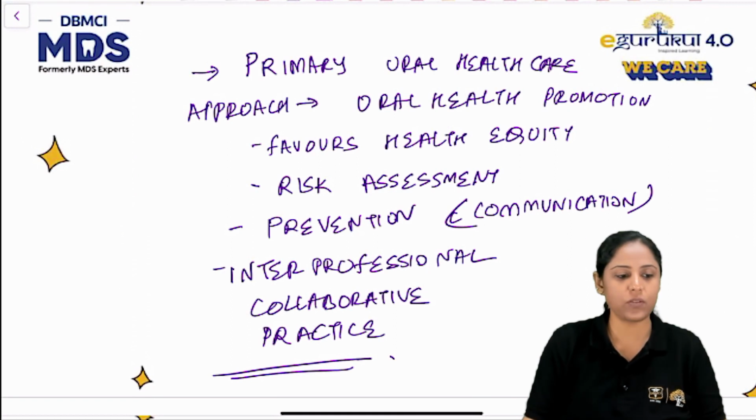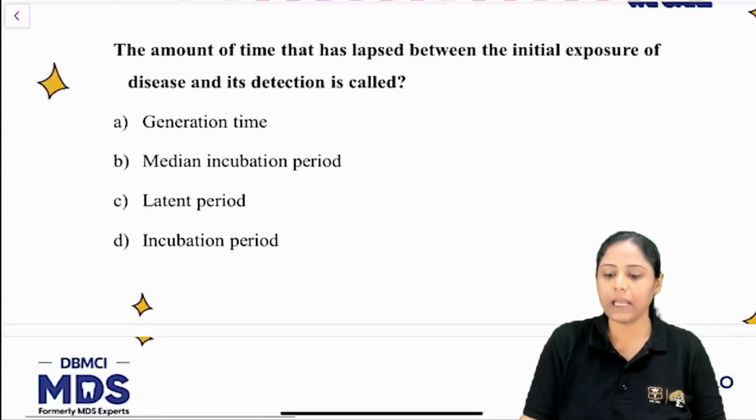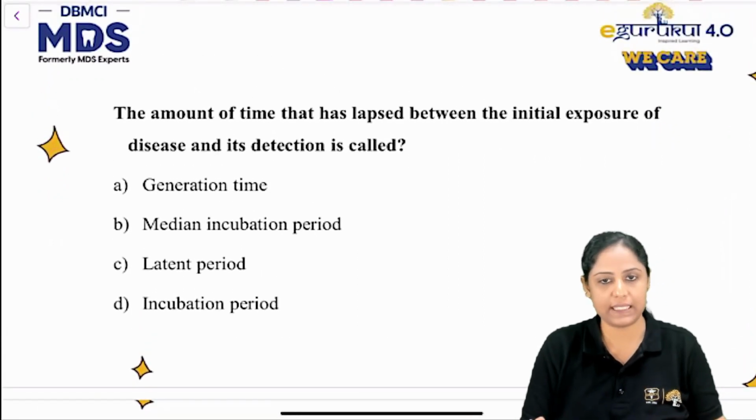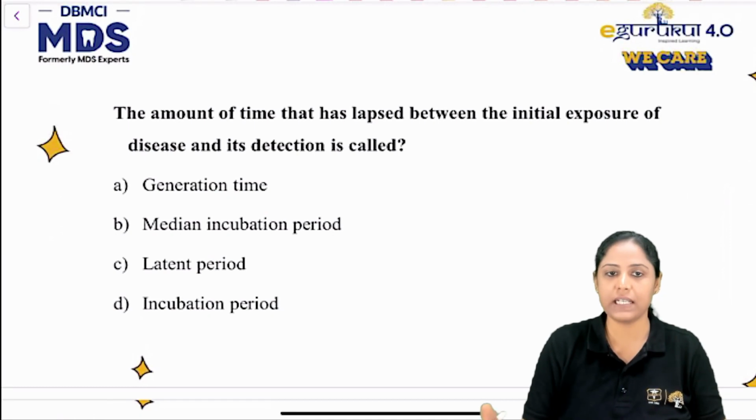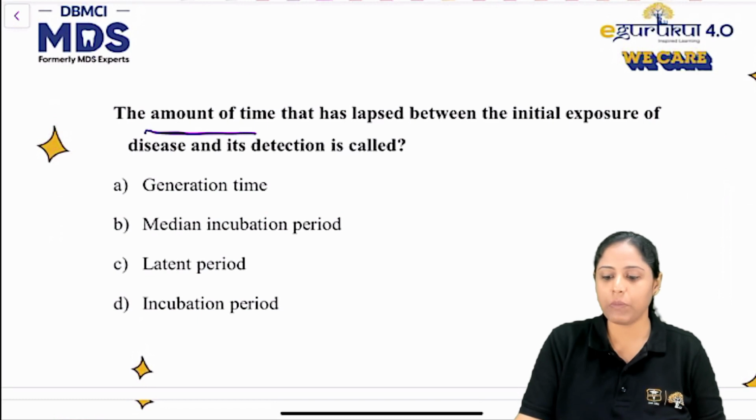So we come to our next question now. The amount of time that has lapsed between the initial exposure of disease and its detection is called as? So is it generation time? Is it median incubation period, or latent period, or incubation period? So we are talking about the amount of time.